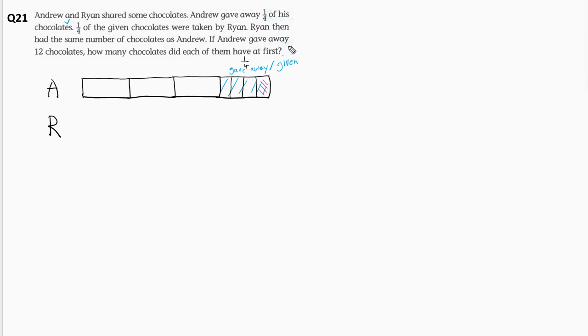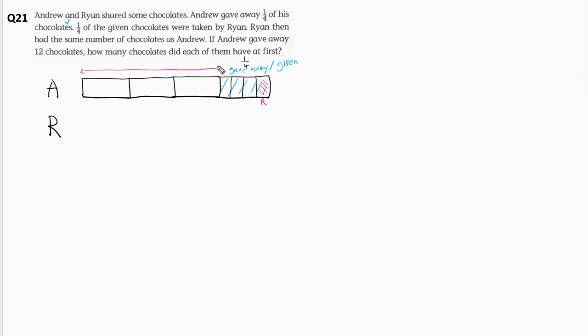Now, let's wait a second. So that's that bit there. This is the bit that's going to Ryan. And it says, Ryan then had the same number of chocolates as Andrew. So, what does Andrew have now?